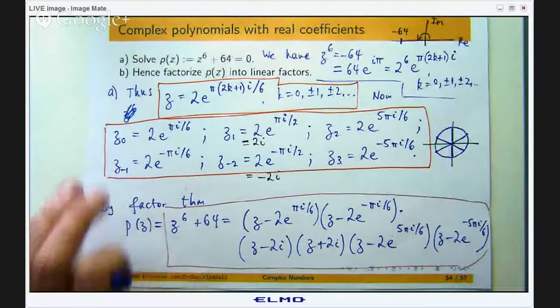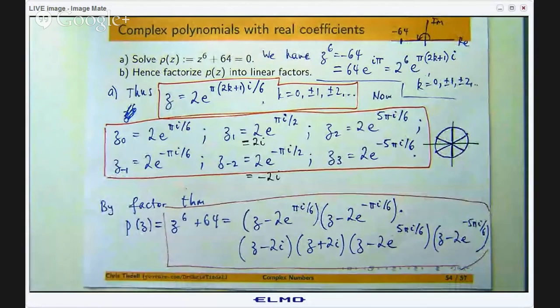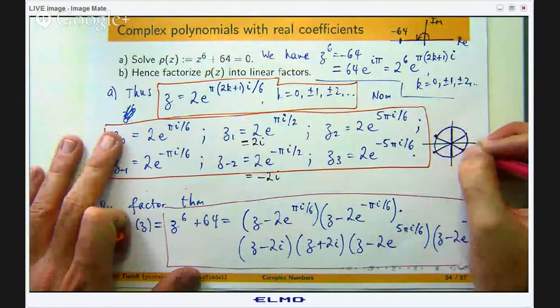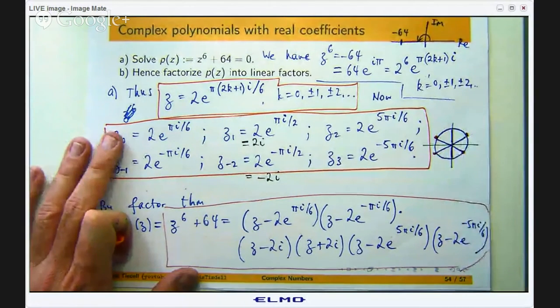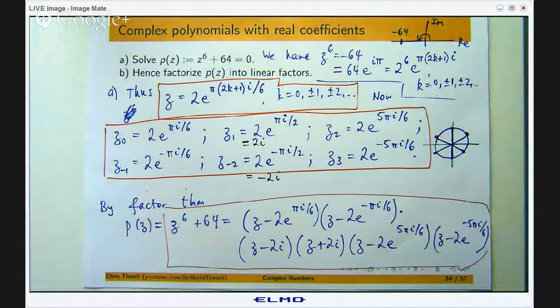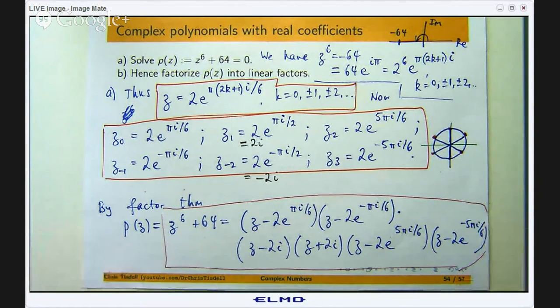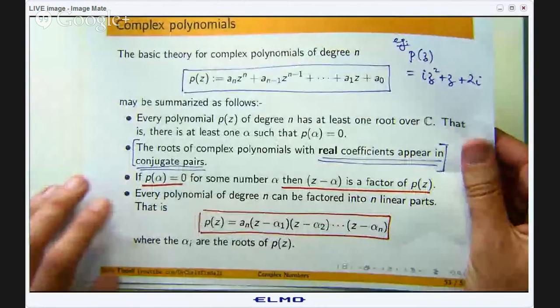So those points are your roots. Okay, so a very rough sketch there. So that's it, just applying the factor theorem, finding the roots, etc. So that's a reasonably interesting application of some of these properties here.